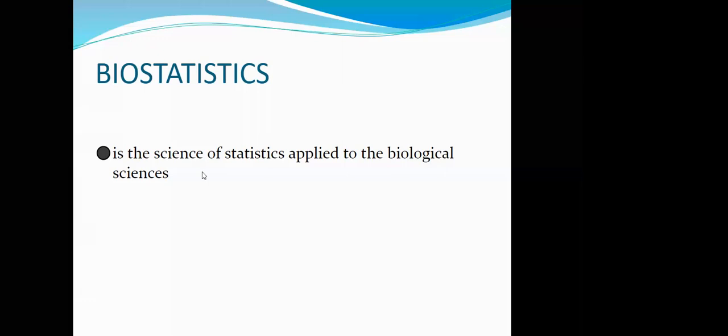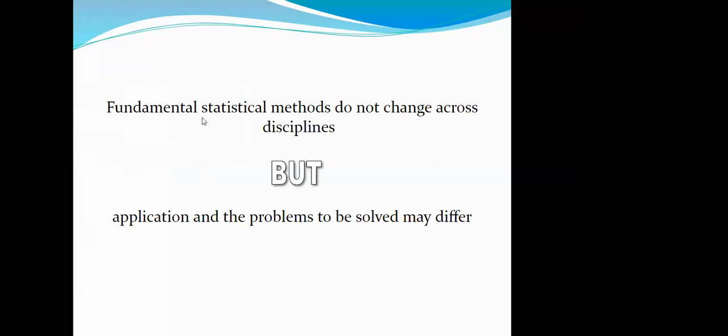So how you're going to apply statistics to biological sciences is going to differ from how you're going to apply it in, let's say, economics and so on. So that is about biostatistics. This is what I was saying: fundamental statistical methods do not change across disciplines, but the application and the problems to be solved may differ.